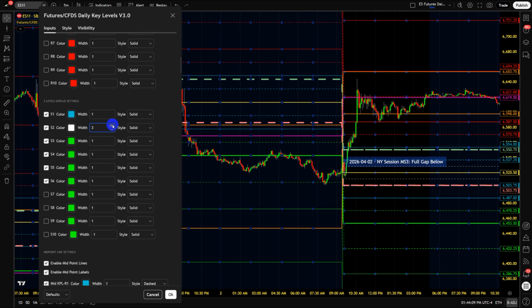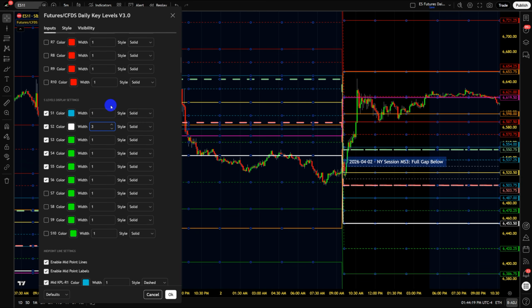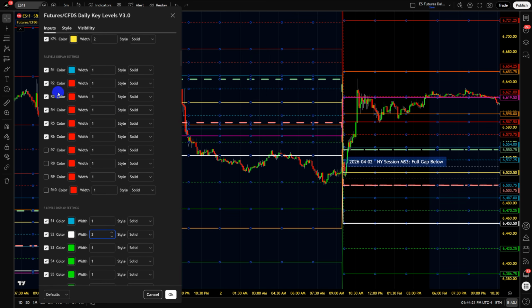We wanted to make the width 3. And now that's the S2 color. And let's say the R2 color, we wanted to change to bright blue and also make it 3.